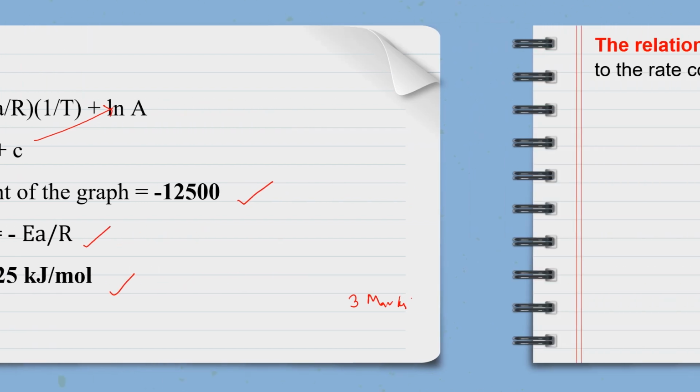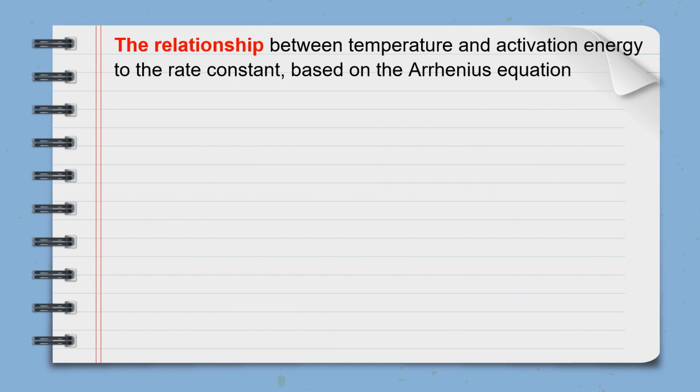Next, the question asks you for the relationship between temperature and activation energy to the rate constant based on the Arrhenius equation. As we know, the Arrhenius equation is k equals A exponential of negative Ea over RT.